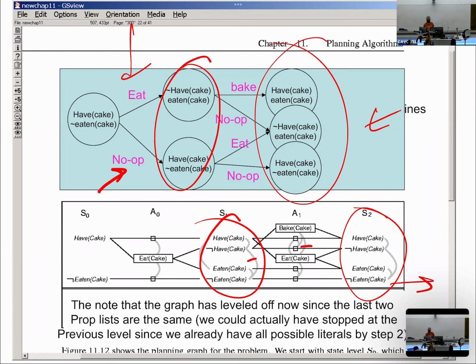That gives you, for example, a lower bound as to how many actions you have to do, even if there are no negative interactions, to get the goals into this proposition level. This is why the entire set of heuristics were in terms of levels.